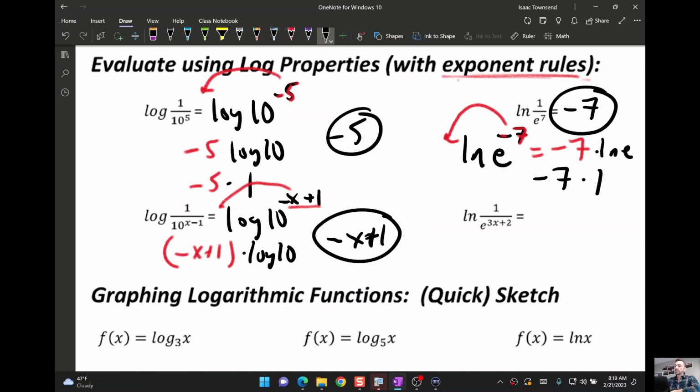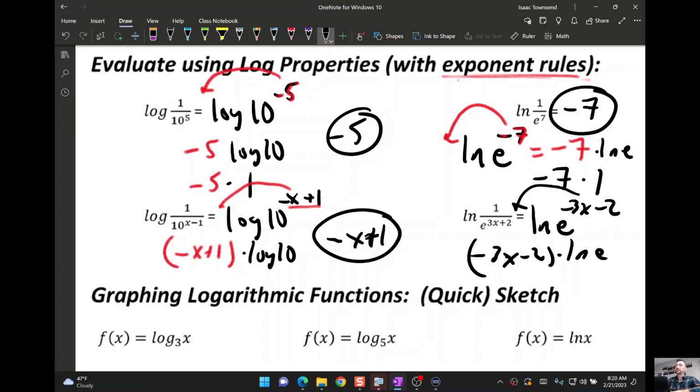Okay, so if I rewrite this one, this would be the same thing as the natural log of e to what power? You said -3x, and then minus 2. Okay, the whole thing becomes negative. Then this is an exponent on something that you're taking the log of, so you can bring it down out front.